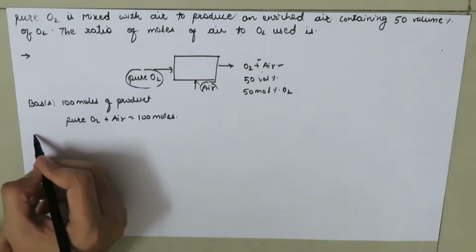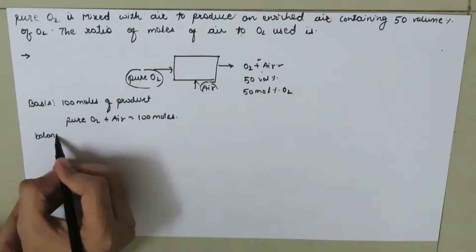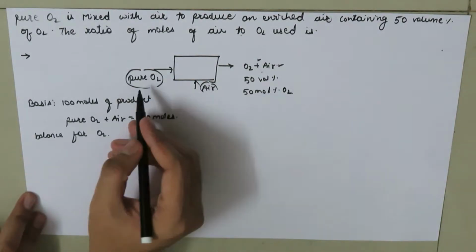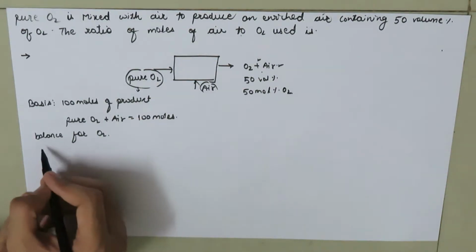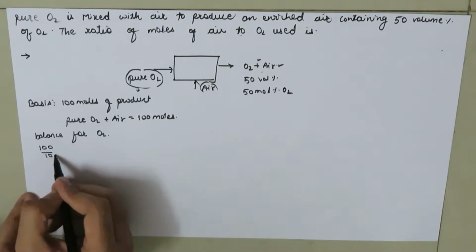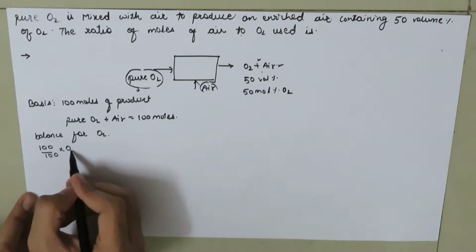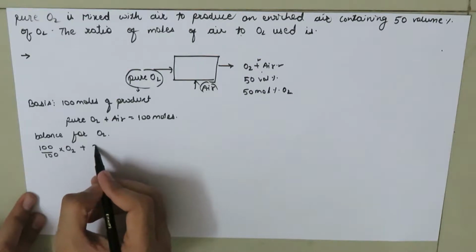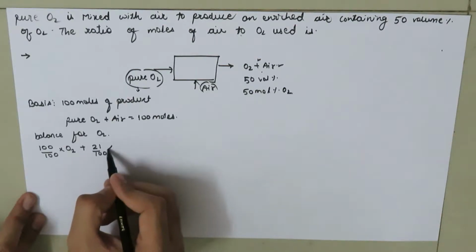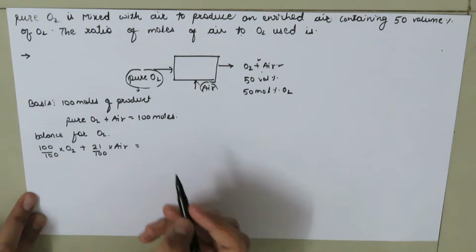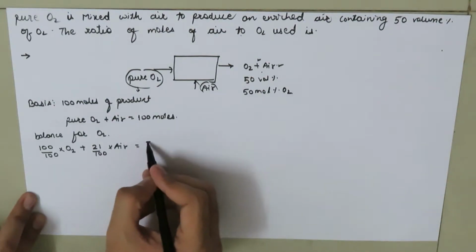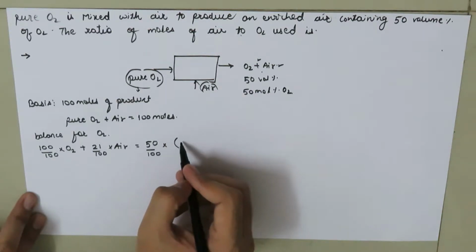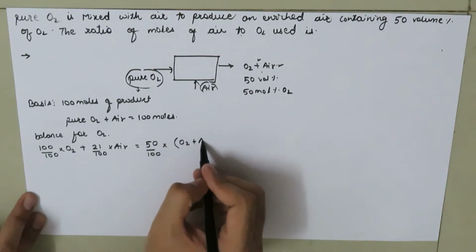If we take the balance for oxygen, as here we have pure oxygen, this will be 100 upon 100 times oxygen, plus in air we have 21% of oxygen, so this will be 21 upon 100 into air, which will be equal to, here we have oxygen as 50 mole percent, so this will be 50 upon 100. Inside the bracket this will be oxygen plus air.